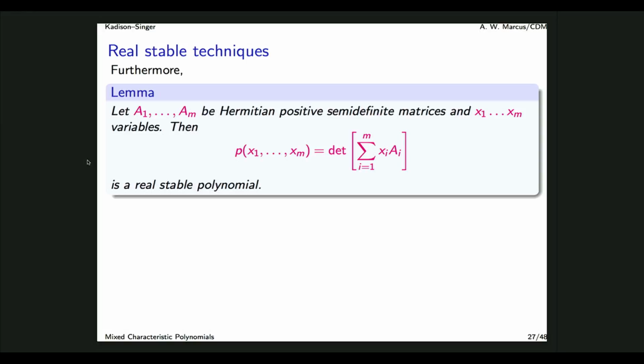And just like I mentioned that there are these understandings of real-rooted polynomials and transformations that go between them, the same sort of things have been established for multivariate polynomials. So for example, if A1 through Am are Hermitian positive semi-definite matrices and x1 through xm are variables, then the determinant of the sum of the xi Ai is a real stable polynomial.